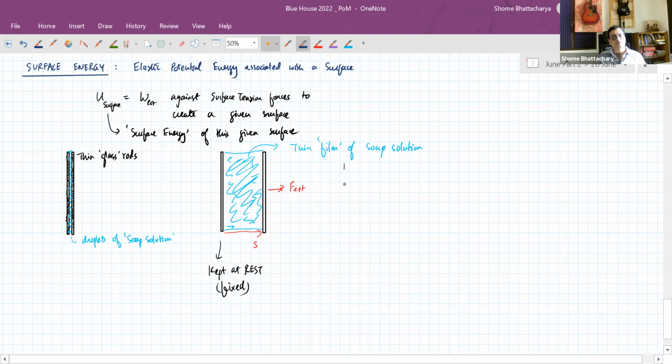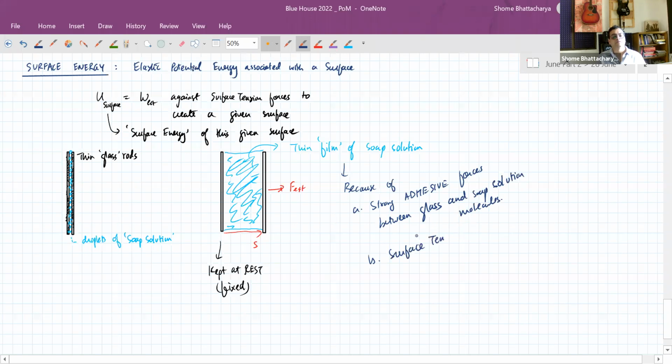This is created because of two factors: the strong adhesive forces between glass and soap solution molecules, and the surface tension of soap solution. So these two factors allow this kind of situation to occur.